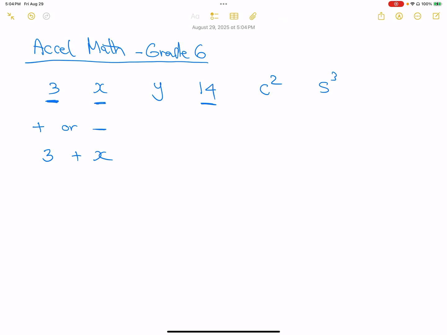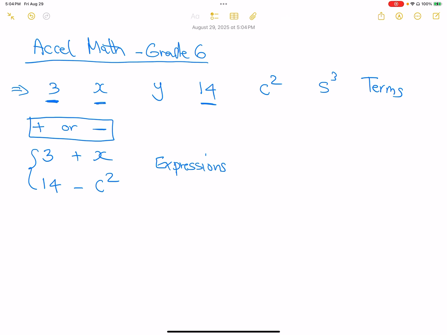Or we can say 14 minus c squared. That's also another expression. So we went from terms to simple expressions, which is just combining a bunch of terms with plus or minus.